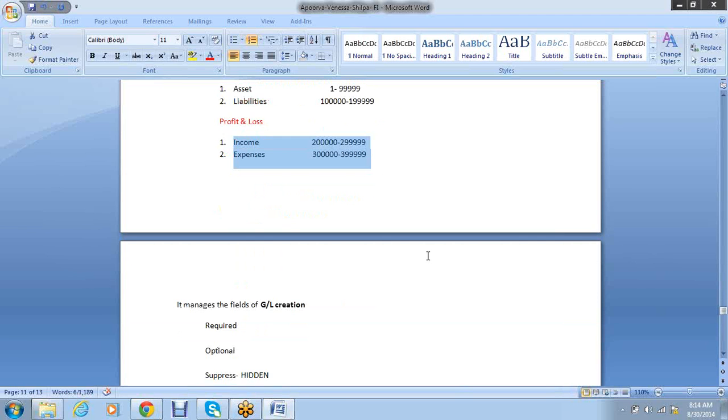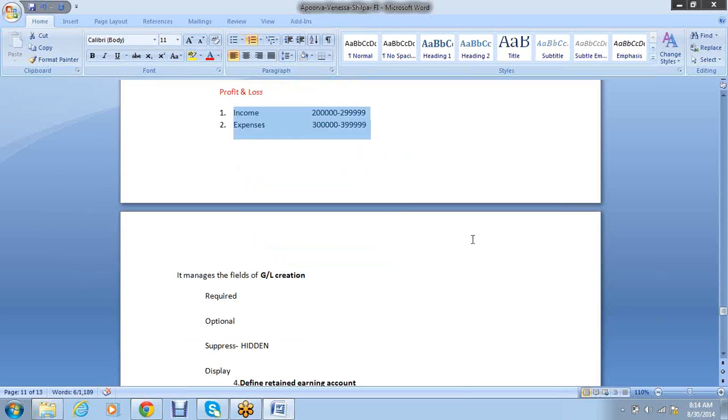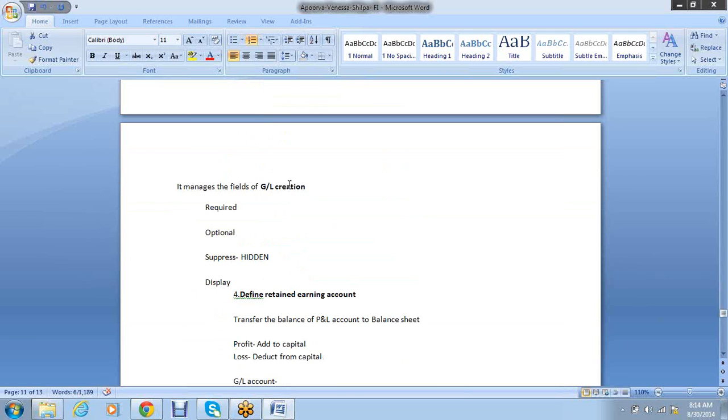Now, account group has one more feature. It manages the fields of GL creation. Field status group manages the fields of GL posting. While creating the GL account, there are different fields, and those fields will be managed by the account group.